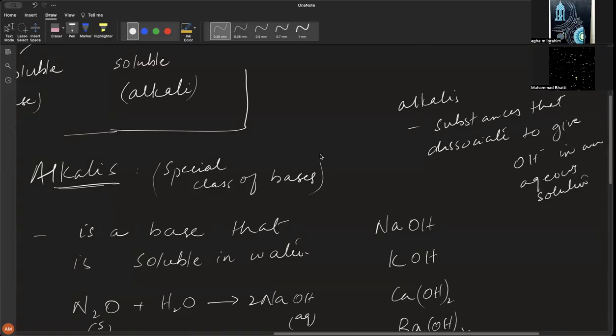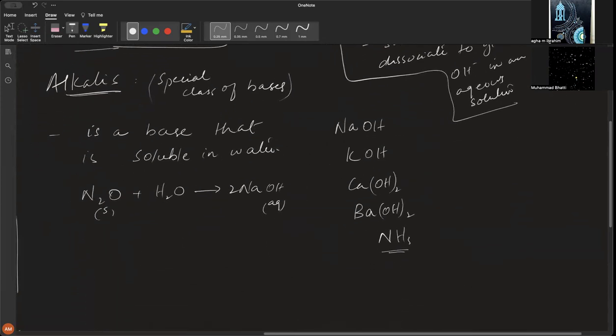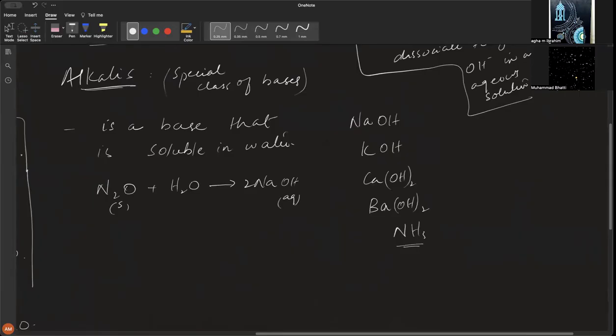You're going to see this in A levels, inshallah, that they are also defined in this manner. But at the moment, we'll stick to the definition that we have already discussed.